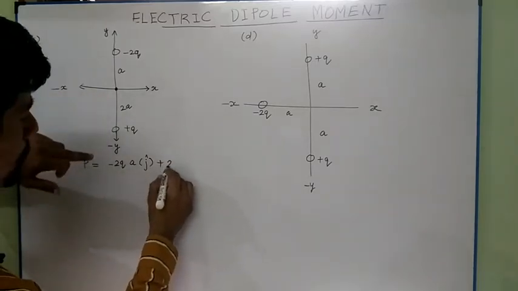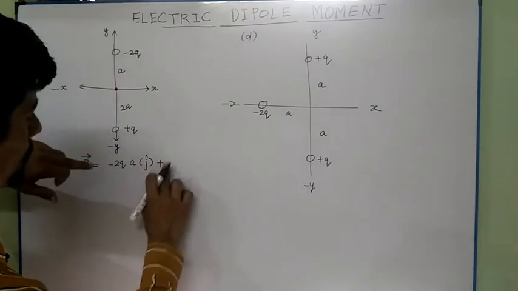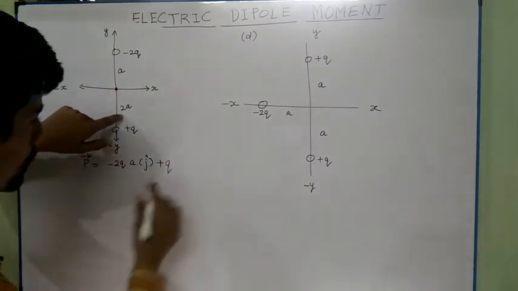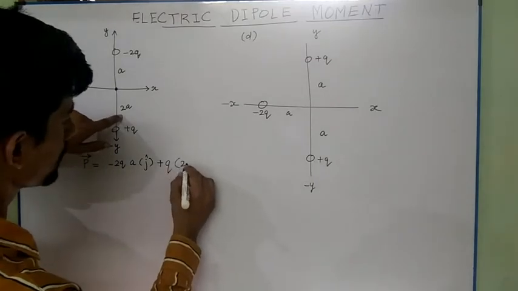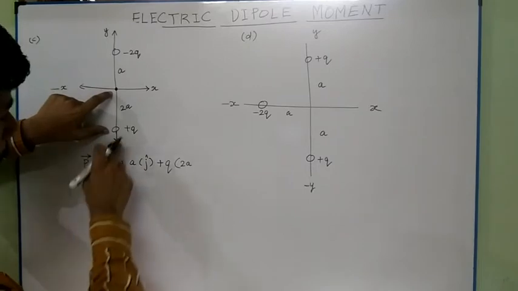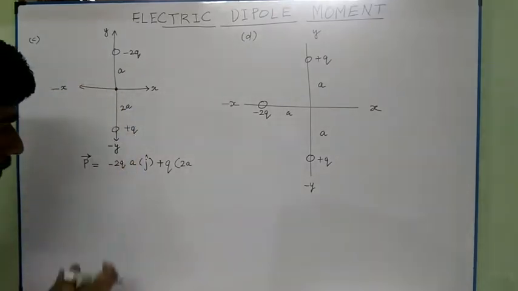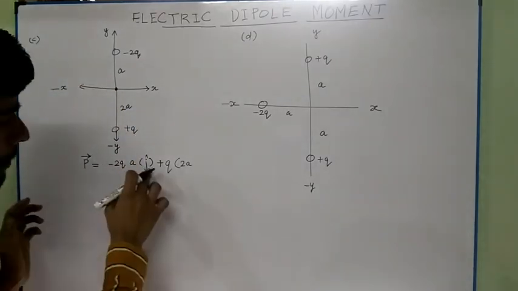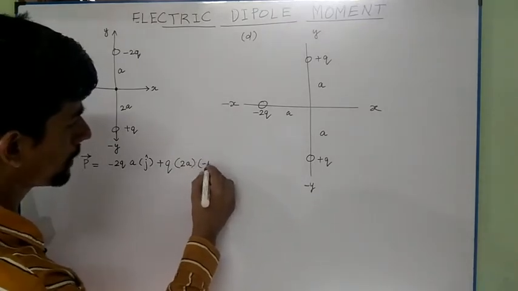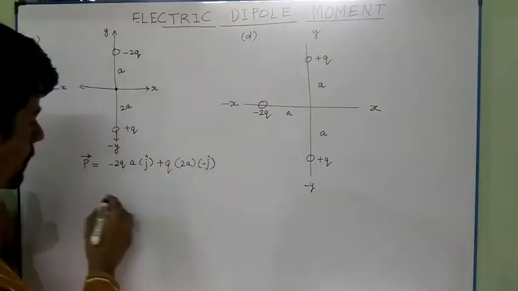plus 2 plus q into distance is 2a from the origin, the distance is 2a, but it is acting in downward direction, it means minus j cap. So 2a into minus j cap. So what will we get?